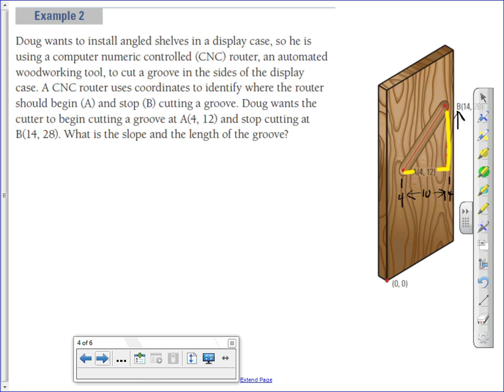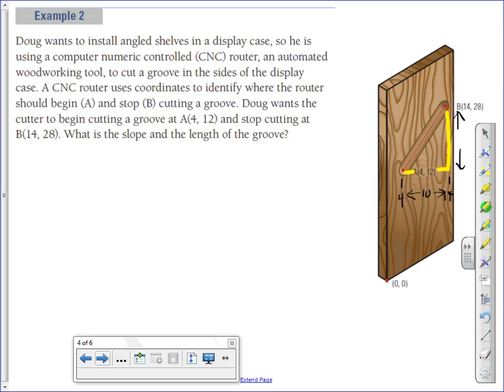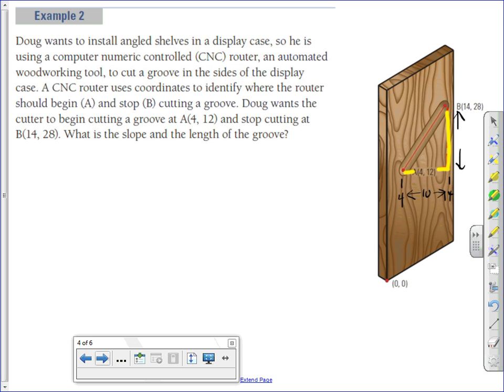The rise, point A is at 12, point B is at 28, so that's a rise of 16. The slope of the line is rise 16 over the run 10, which as a decimal would be 1.6. As a fraction in lowest terms it would be 8/5, or you could say 8 to 5. All three are the same.